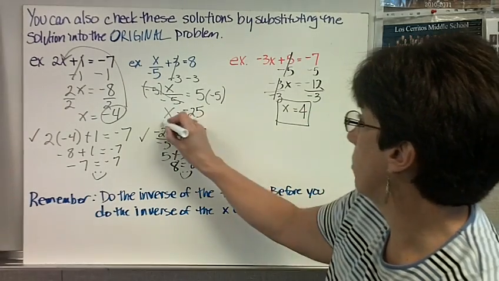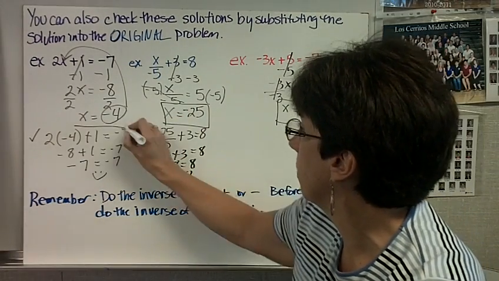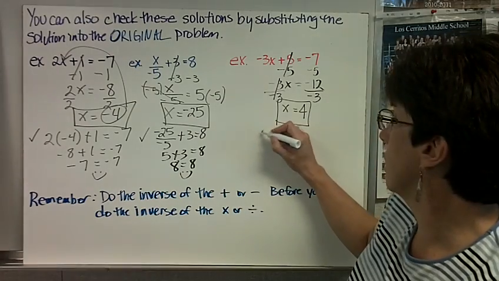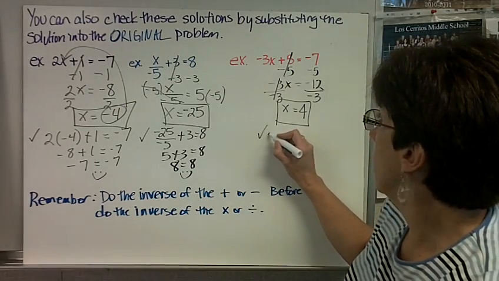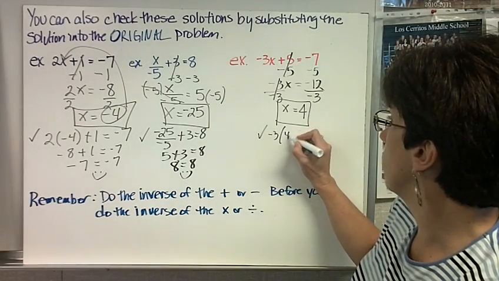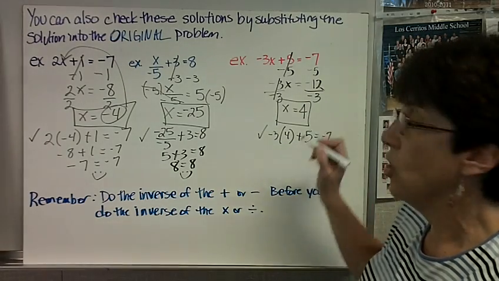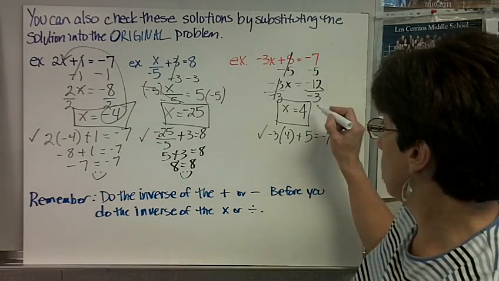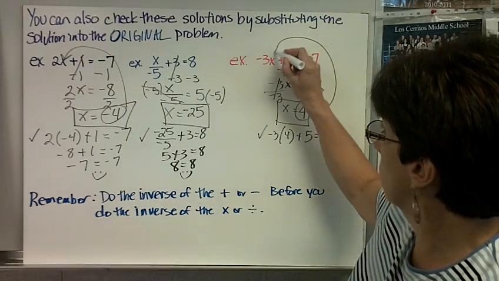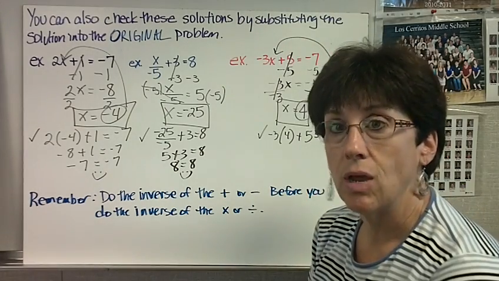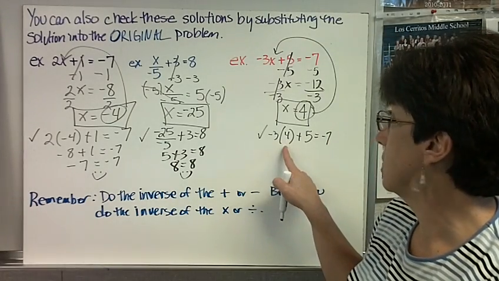Here I said I was going to remember to box my answers and I forgot. All right, let's check this one. Okay? Negative 3 times 4 plus 5 equals negative 7. Remember, what I'm doing is I'm taking my solution and I'm plugging it into the x in my original equation. That's what this is.